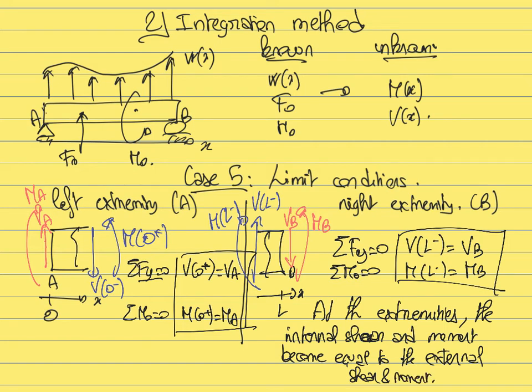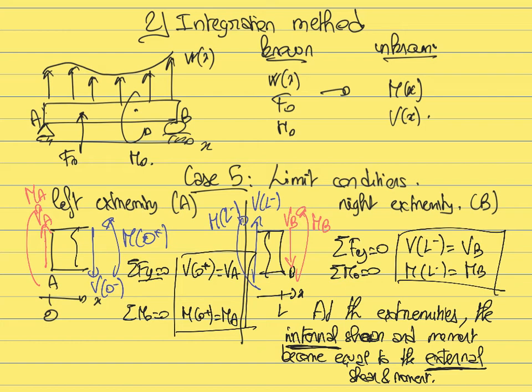So again, the important thing is that when you are at the extremities, the internal shear and internal moment become equal to the external shear and external moment. Those are the only places where this happens.